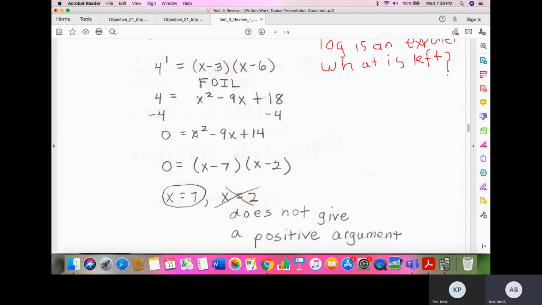So we are looking for two numbers that multiply together to give us 1 times 14, which is 14, and add to give us -9. So let's write that down.